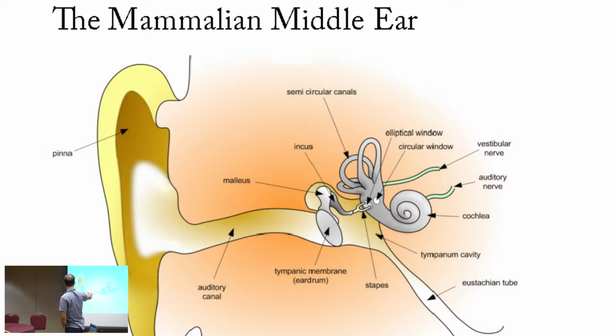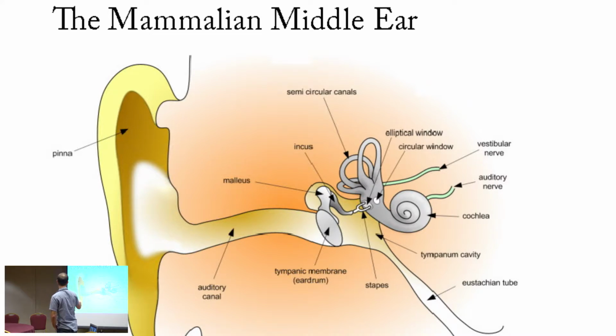And within this space here, there are three of the smallest bones in the human body, called the malleus, incus, and stapes. And these form a very precise chain of bones. Their role is to transmit vibrations from this tympanic membrane to the cochlea. So air comes in here, this tympanic membrane vibrates, which vibrates these little ear bones.